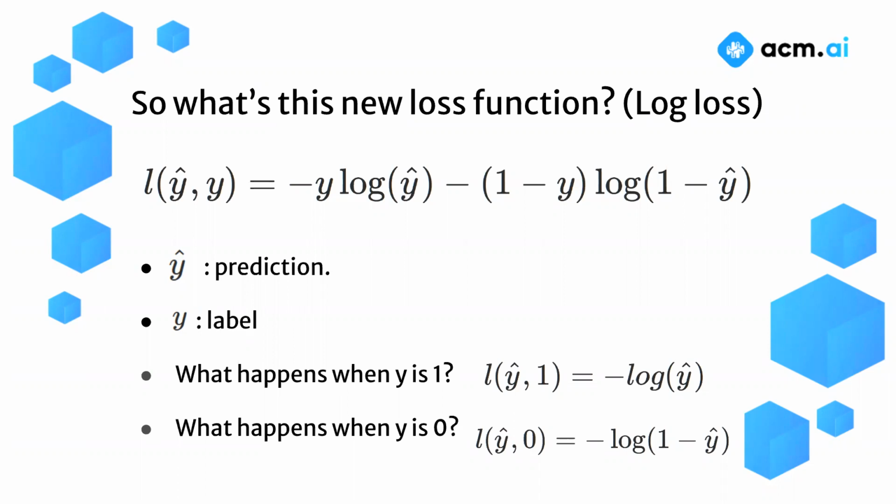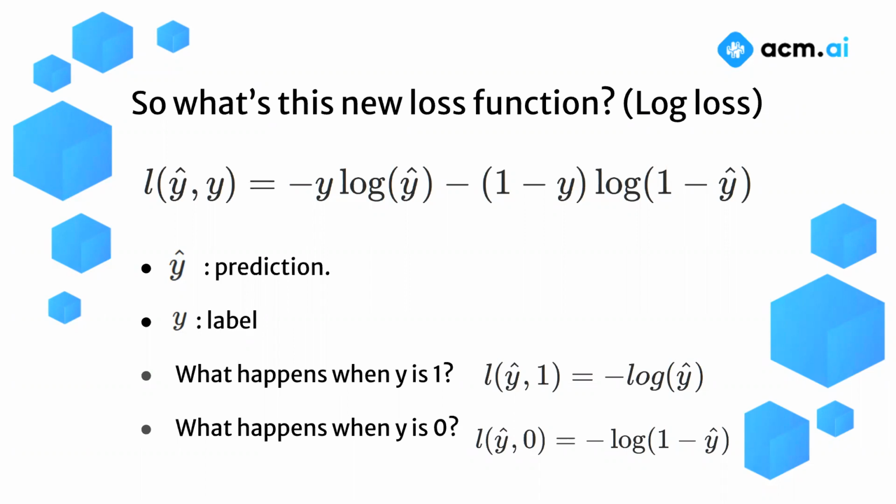And so what's the best case here? The best case is if y hat is also 0. If our model says it's class 0 as well, the predicted value of 0, that's perfect. So in that case, our error is negative log of 1 minus 0, which is negative log of 1, which is 0. And so here our loss is 0.